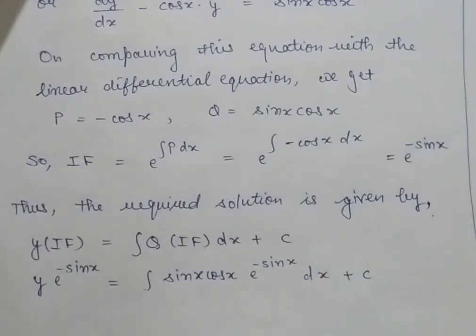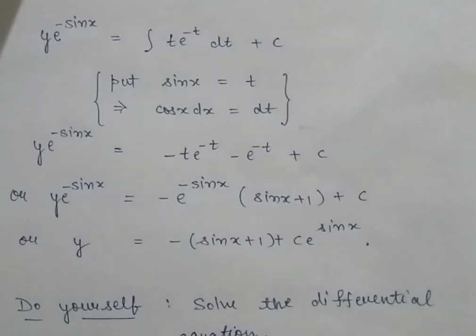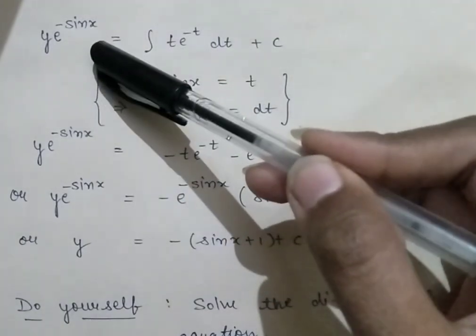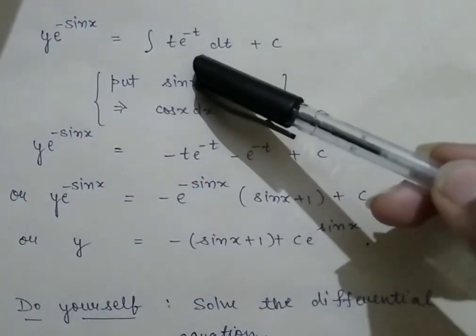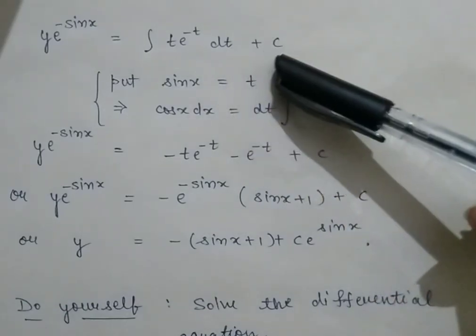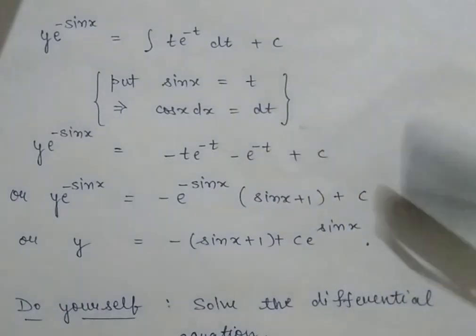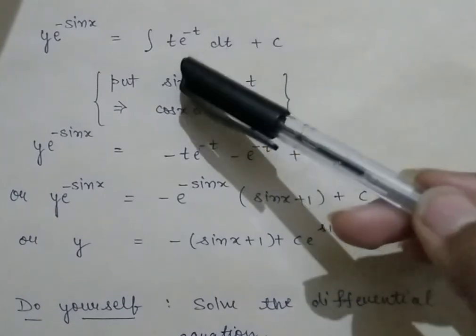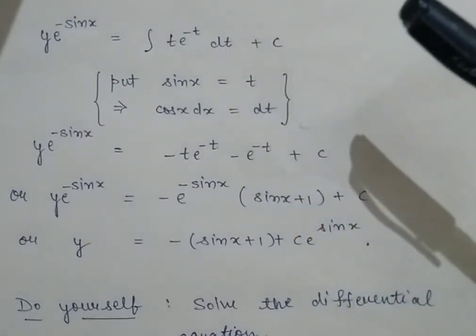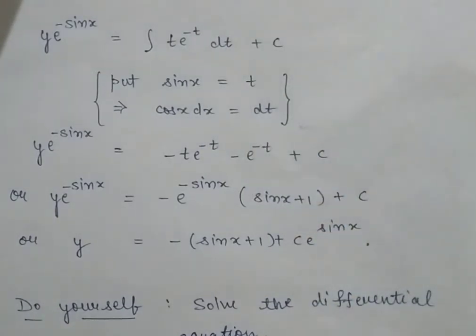Then the equation reduces to y e raised to the power minus sin x equal to integral t e raised to the power minus t dt plus c. Now we integrate t e raised to the power minus t by parts.